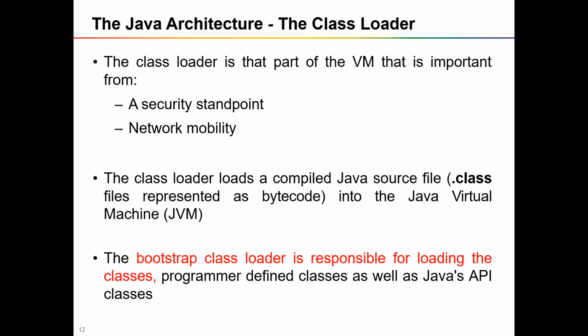Here are some key points regarding the class loader. The class loader stands as a security standpoint, and it ensures the mobility of the bytecode. Inside the class loader, we have something like a bootstrap class loader, which is responsible for loading the classes.